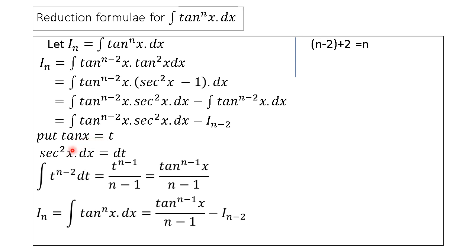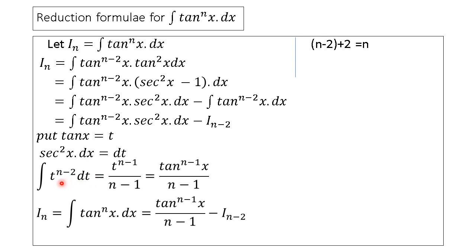Differentiation of tan x is secant square x into dx, and this is equal to dt. Now put tan x equal to t and secant square x into dx equal to dt in this integral. Here tan to the power n minus 2 means t to the power n minus 2, and secant square x into dx is dt.